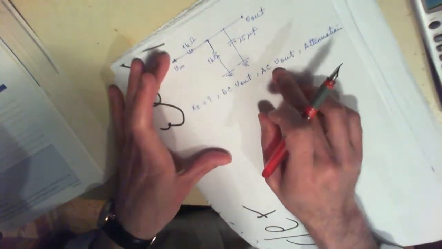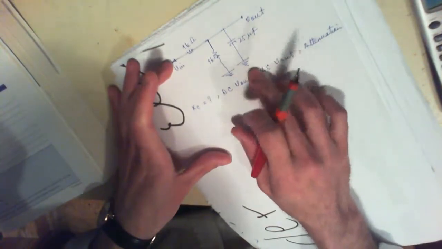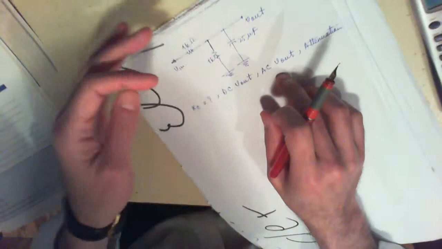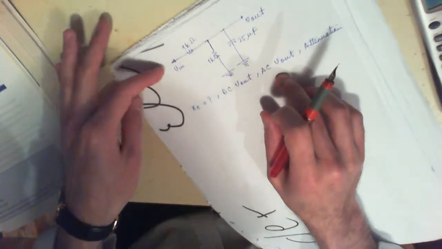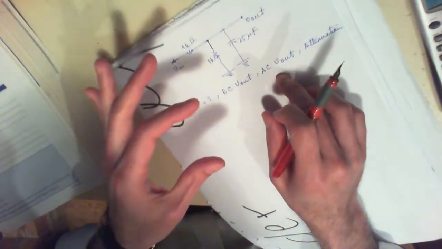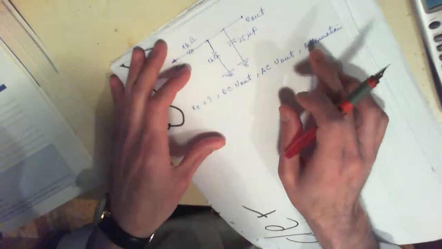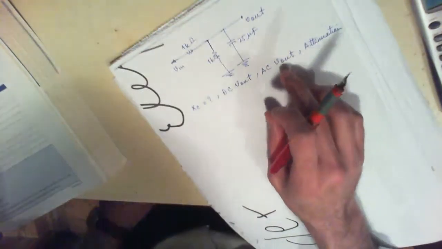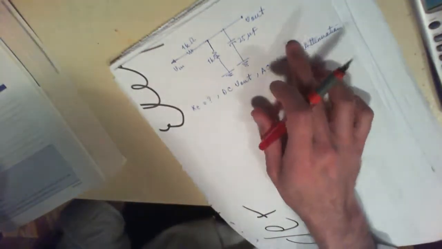And then when you do the same calculation for your AC output, you have a certain amount of AC coming in, a certain amount of AC going out. Take the ratio of those two values, you will get the attenuation related to your AC.